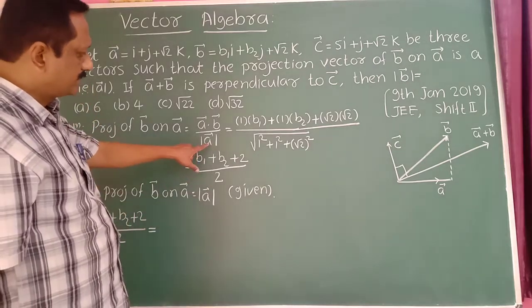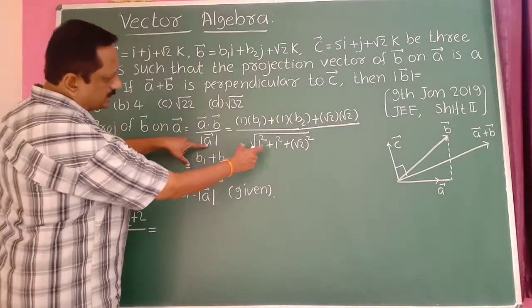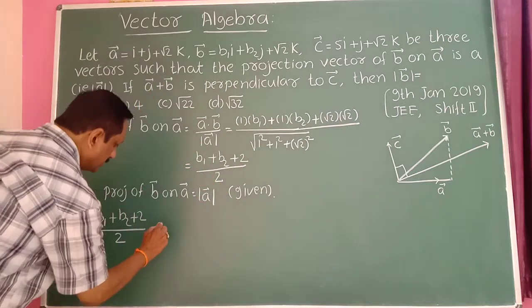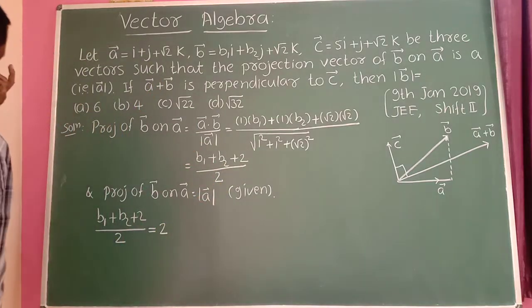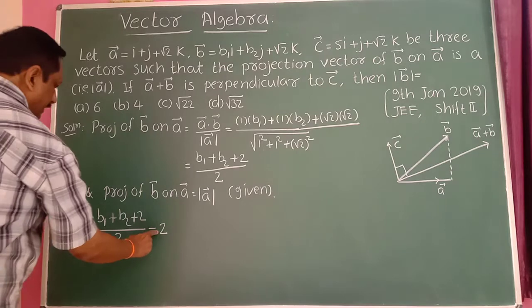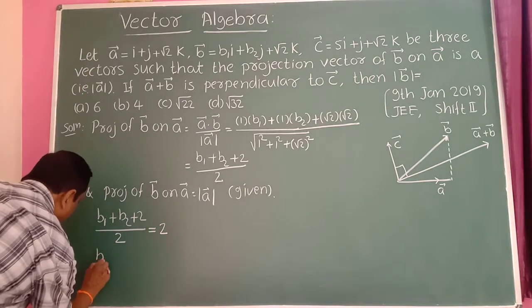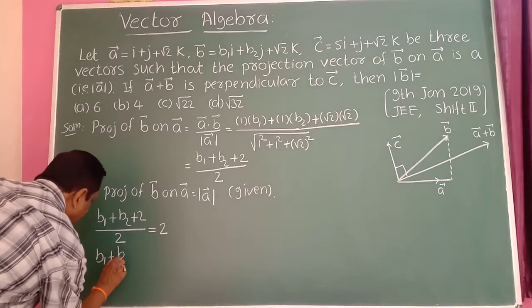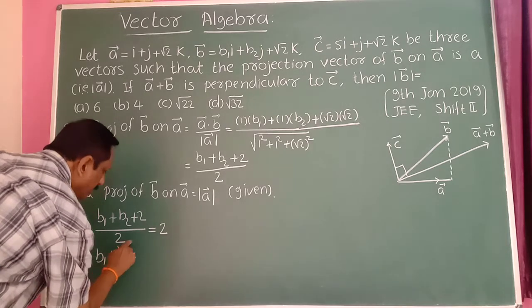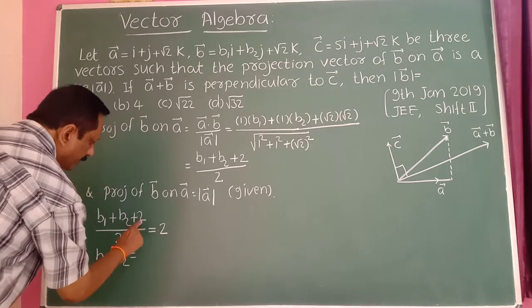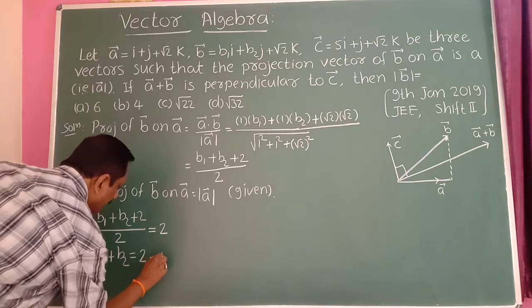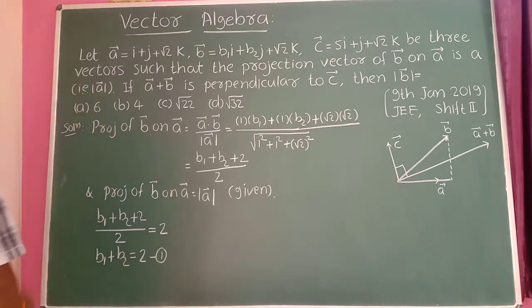Modulus of a bar is this one, and this is 2 only. Then take to the right side: 2 twos are 4. Hence b1 plus b2 is 4 minus 2, which becomes 2. Take this one as equation number 1.